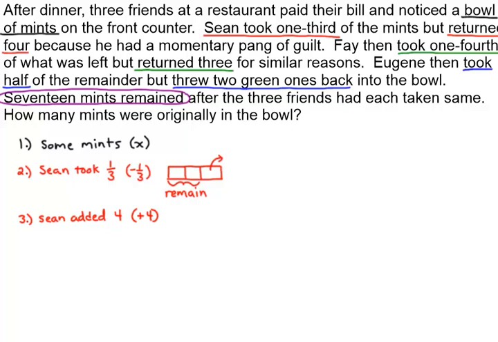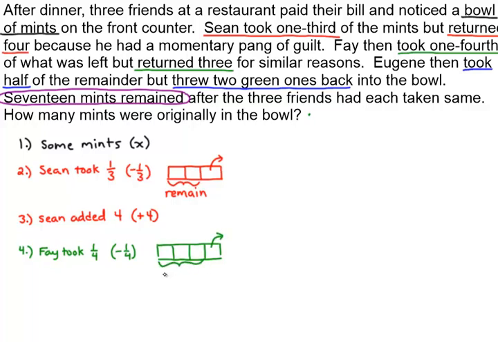Then we talk about Faye. Faye took 1/4, so basically 1/4 of the bowl disappeared. So if I draw that out, she took 1/4.